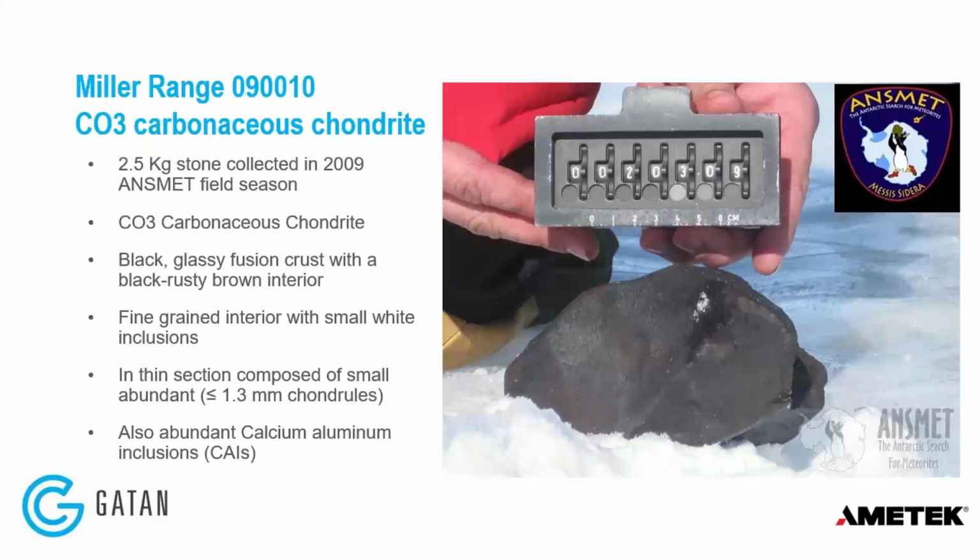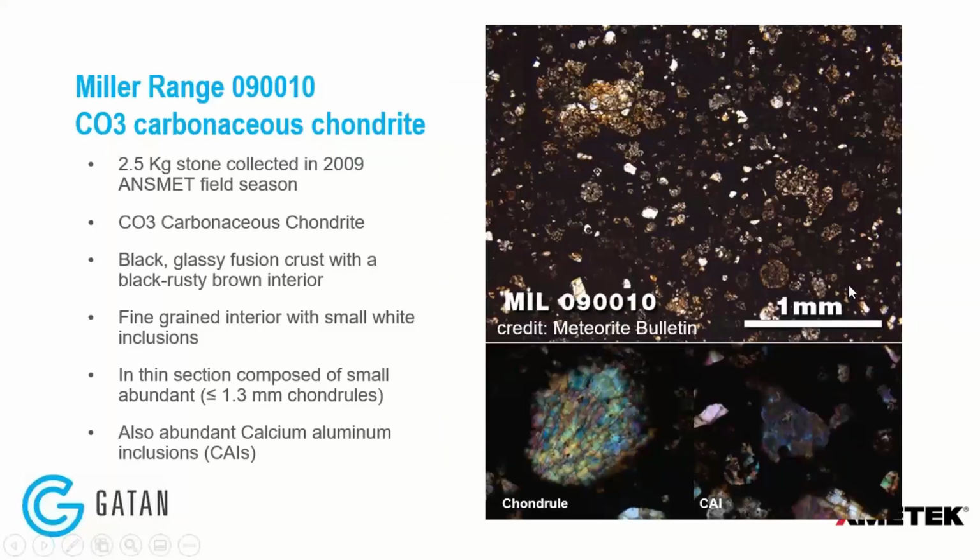That means that it's C, carbonaceous, and an Ornans style, and 3, moderately to low shock pressures. On the exterior of the grain, we see a black fusion crust. This is generally glassy, but where it's been broken away, we can see a dark rusty brown interior. And the interior has a lot of fine-grained white inclusions.